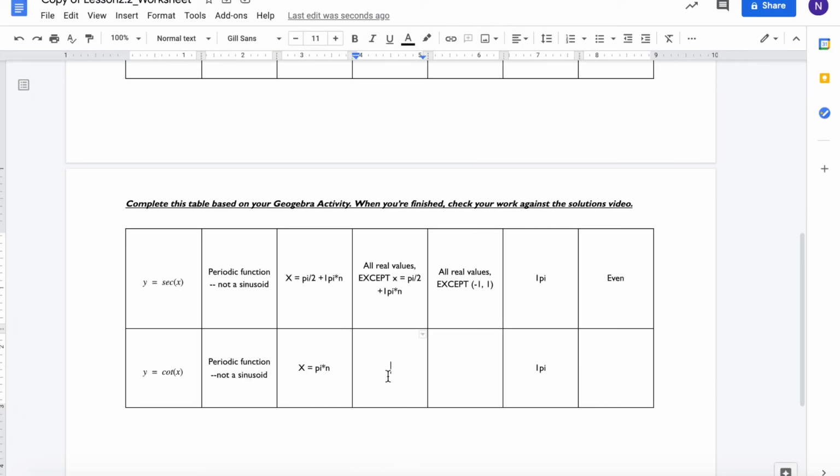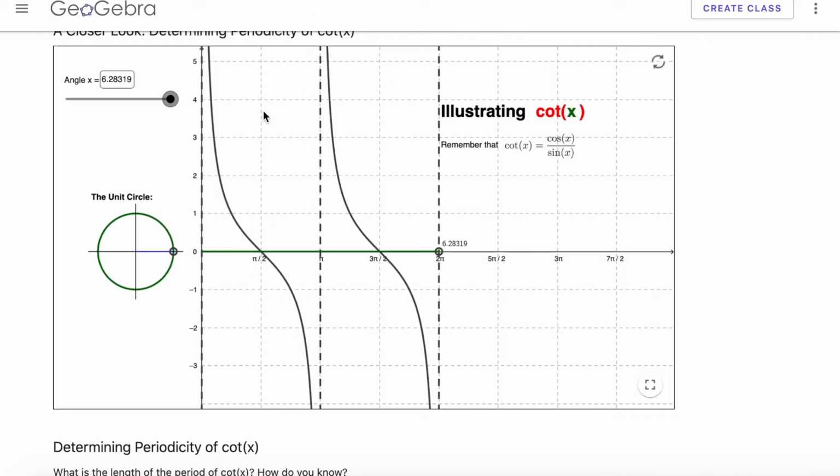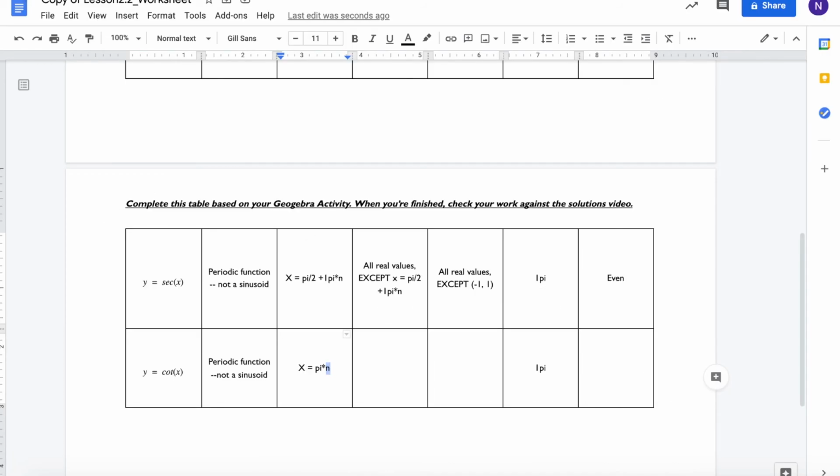I should clarify that this constant I'm multiplying by has to be an integer. It can't be like 0.5, because you're not going to get the boundary line. If you did pi times 0.5, at half pi, you don't have an asymptote. So your constant has to be an integer. Okay, so we can determine our domain. It's going to be all real values except where we have those asymptotes, except x equals pi times n.